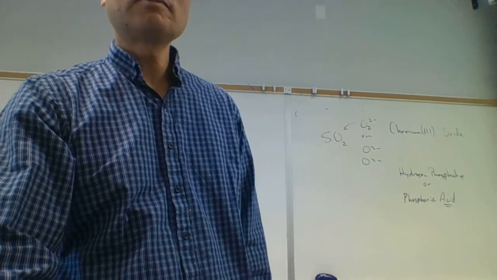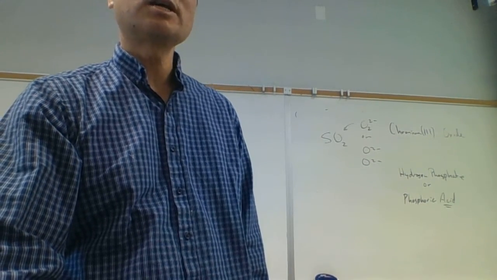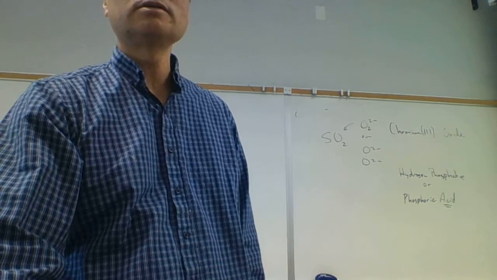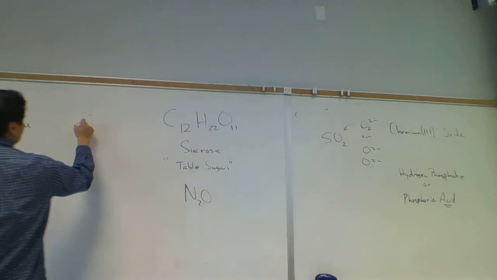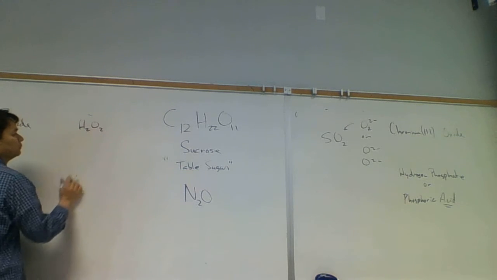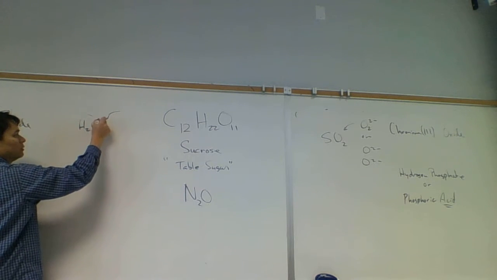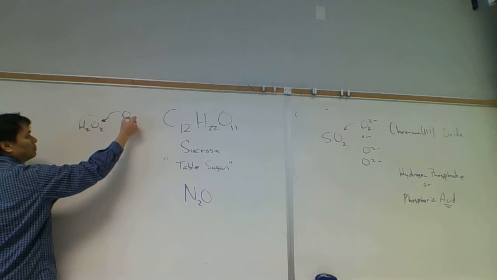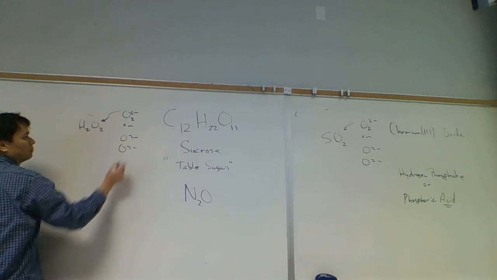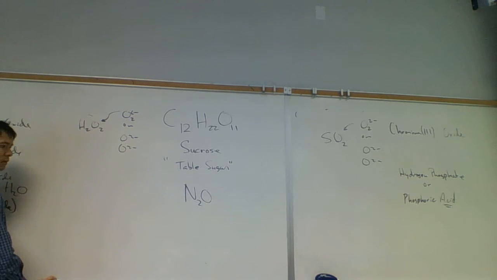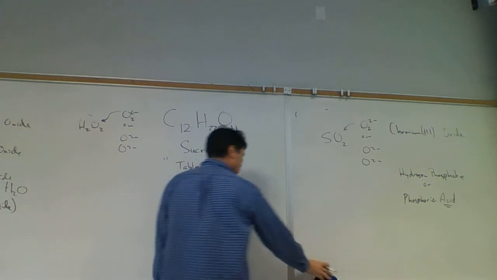Sometimes that requires a little bit further investigation to determine what it is. For example here, H2O2. We have the same situation. We don't want to be fooled. This could be one peroxide or two oxides. This one requires further investigation.